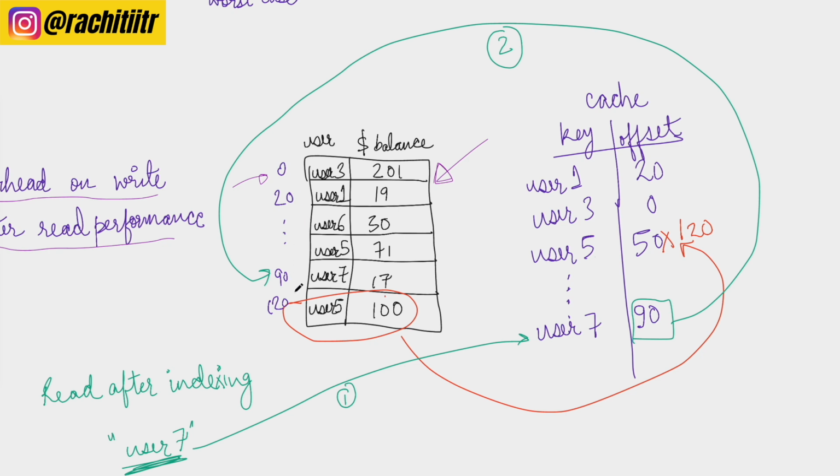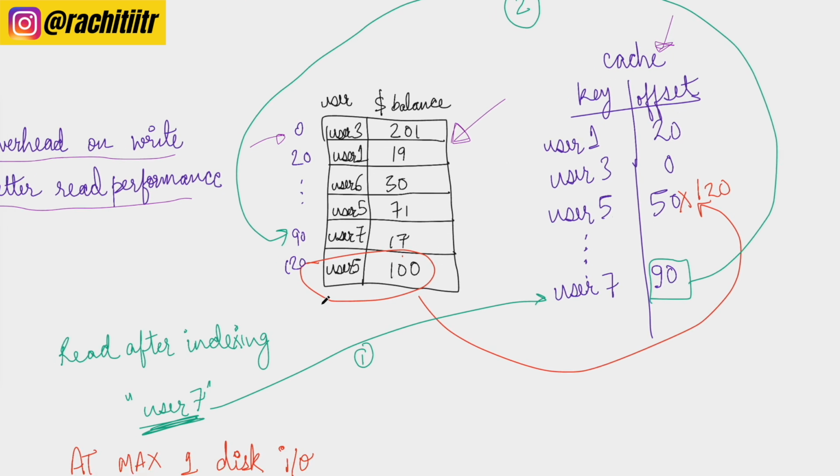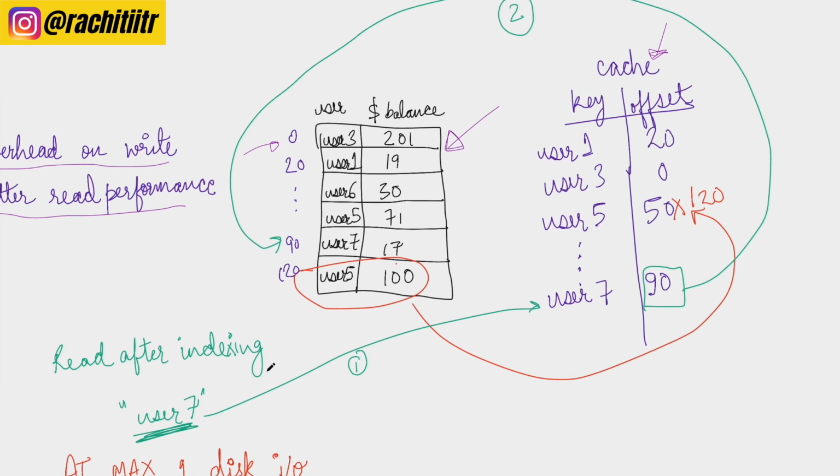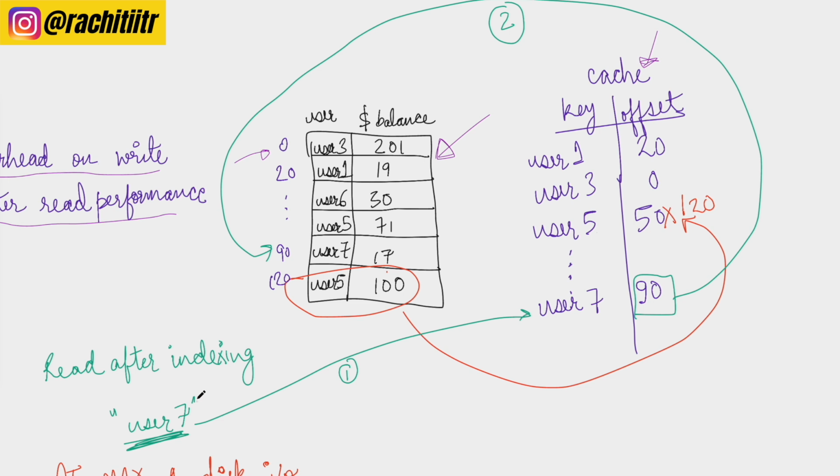Now what I'm saying is, once we have these byte offsets and these keys stored in RAM, in memory, this is going to give us a real boost to our reads. Why? Because after indexing, you need to demonstrate to the interviewer in this fashion that, okay, let's say the user wants to read for user 7. Well, we go to our RAM, to this cache which is there in memory.